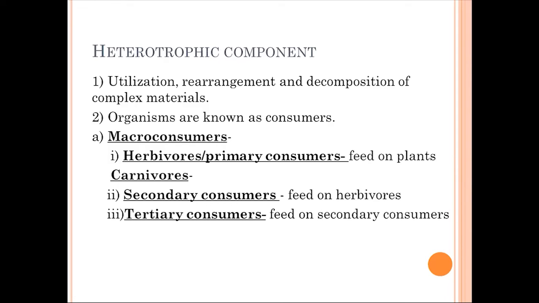Let us first try to understand what is the meaning of heterotrophic. Hetero means other and trophos means nutrition. So heterotrophic organisms, they are dependent on other organisms for food.